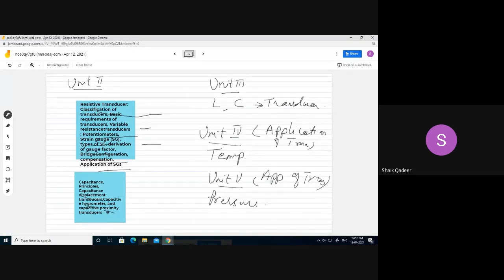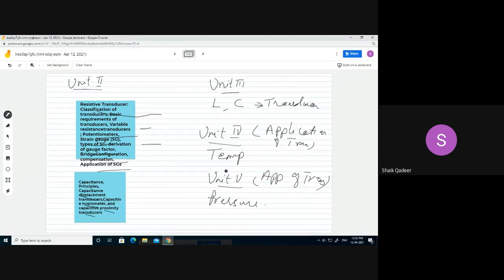Then the proximity transducer. For all door automation we will use a proximity transducer. When you go to Subhan bakery, you see there is an automatic door that opens if we come close to it. And our elevator, if you go and stand in front of the elevator, it senses you. The sensing is done with the help of a proximity sensor.